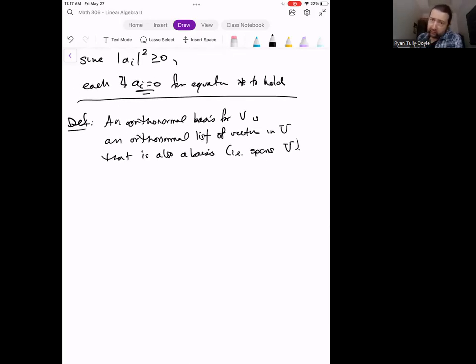And a very easy consequence of things we've been doing before is that if you have enough vectors in an orthonormal list, then automatically it must be a basis, because automatically it's linearly independent. There's nothing to even check.